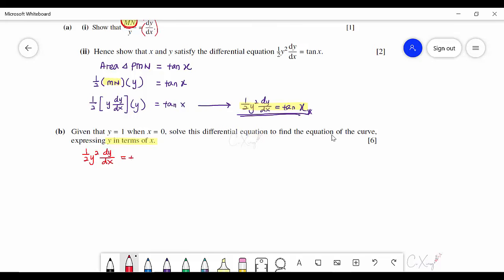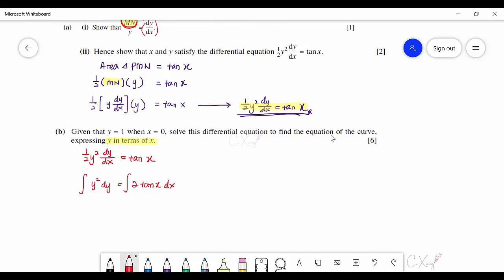This is the differential equation that we have for part number 2. First step, you have to separate the y variable and the x variable to different sides. For me, usually I will keep the y on the left, and all the constants and x on the right.